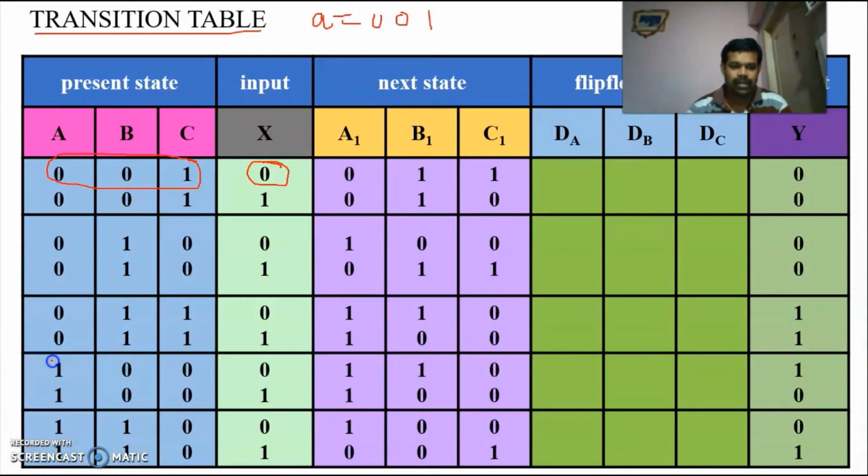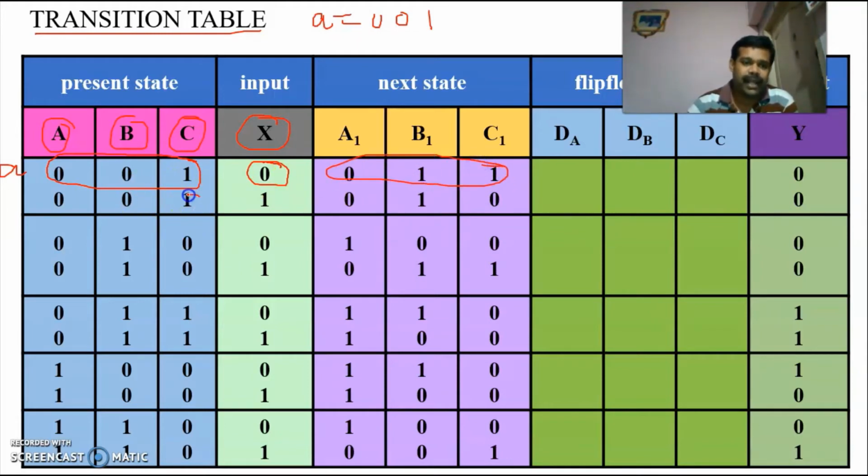So this is the transition table. Instead of state A, we have taken 0 0 0. Since it is 3 bits, we have used capital A, capital B, and capital C. For input, we have taken X. For the next state, when A is 0 0 0 and you are giving the input 0, it is going to C. The value of C is 0 1 1.